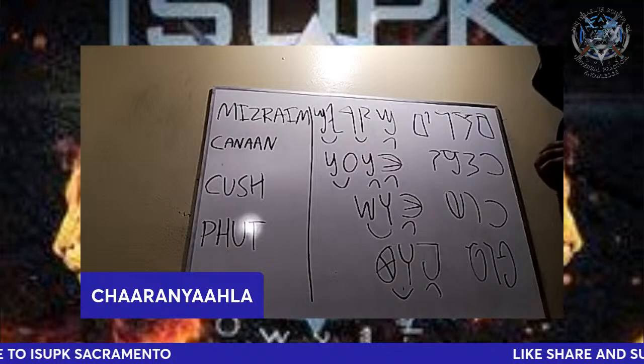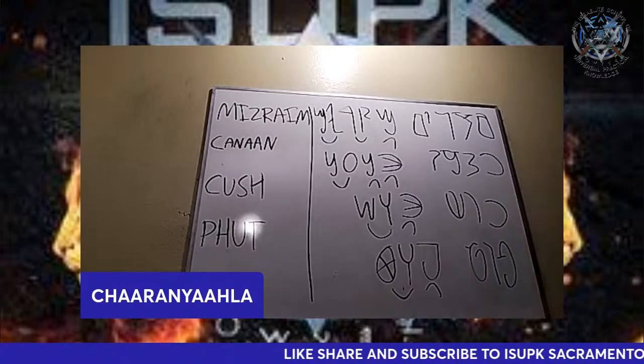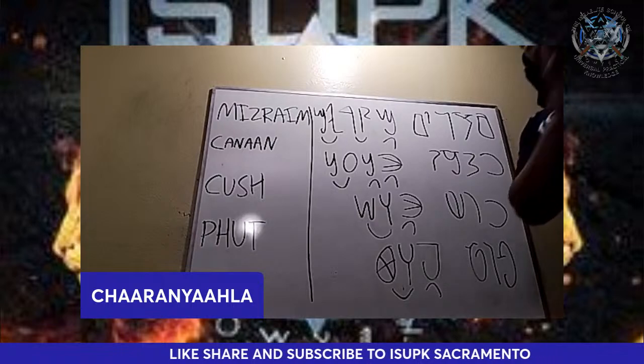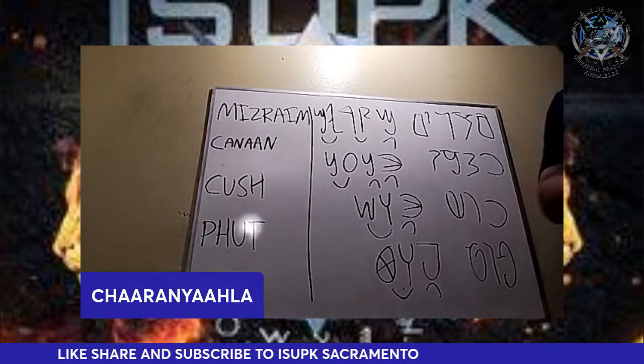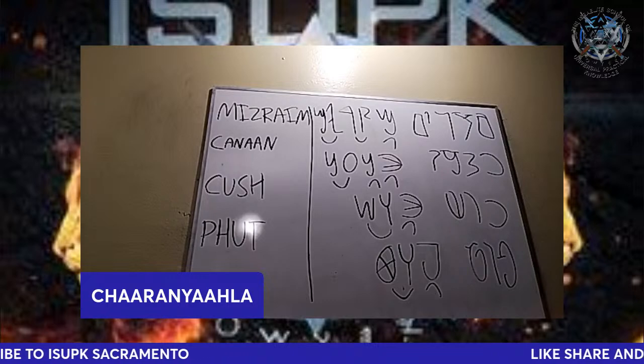These are your so-called Ethiopians, Eritreans, the people of Djibouti, and Somalians. These are your Cushites, pronounced Kawash in the Hebrew.